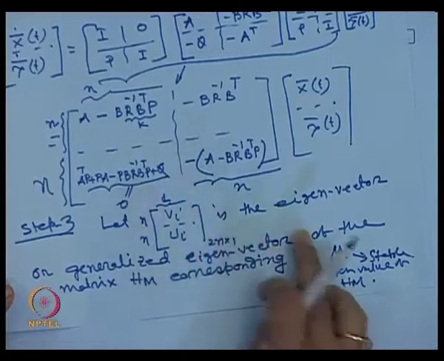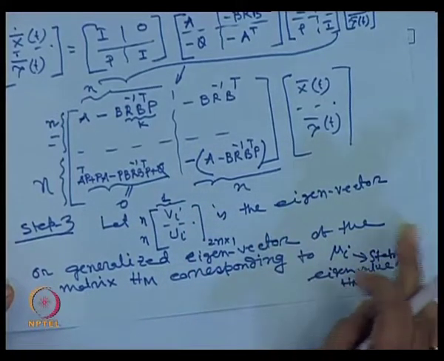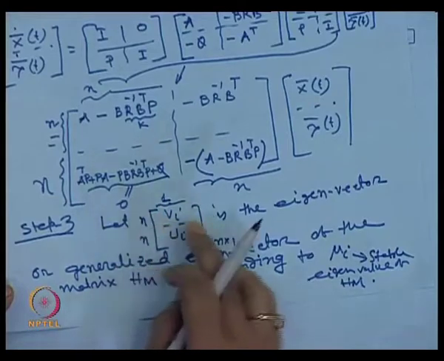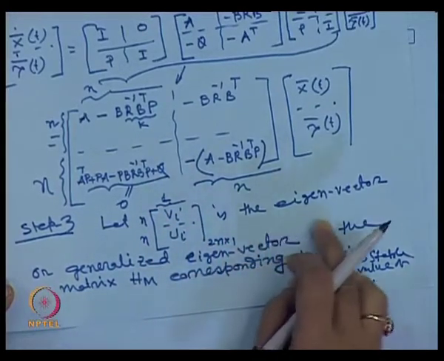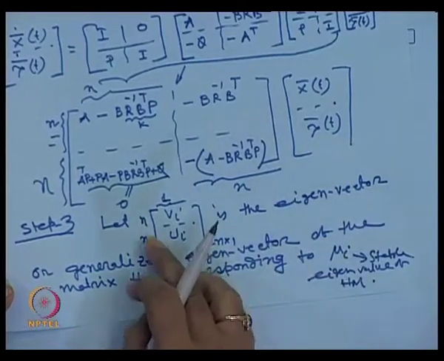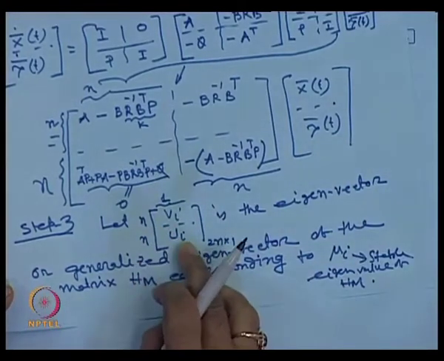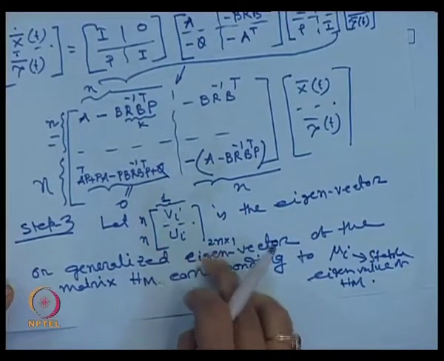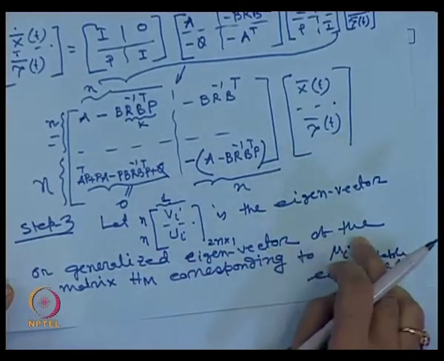So, since we have n stable eigenvalues, for the first n rows I am writing V_1, V_2, V_3, dot dot V_n, and the remaining last n rows of the eigenvector corresponding to stable eigenvalues I am writing U_1, U_2, U_3, dot dot U_n.